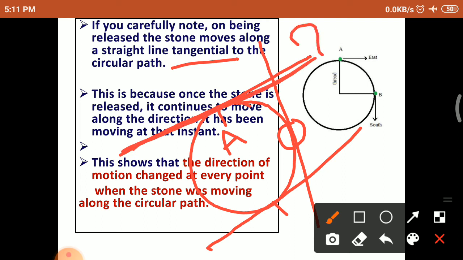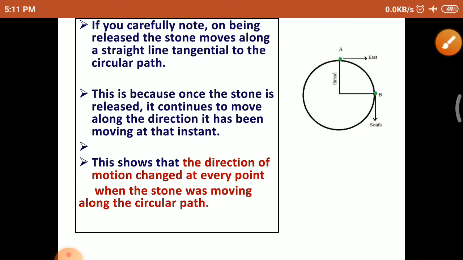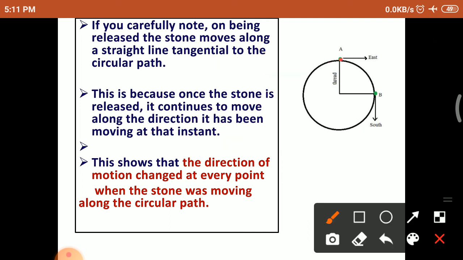So in what direction will the released stone move? The stone will move in the tangential direction. If the position of the stone is here, you can draw the tangent line at this point, so the stone moves in this direction. If the stone is here and you release the thread, you can draw the tangent line, and in this direction the stone will move.